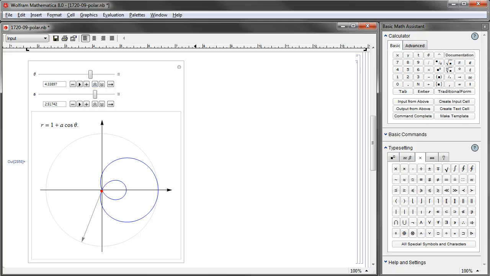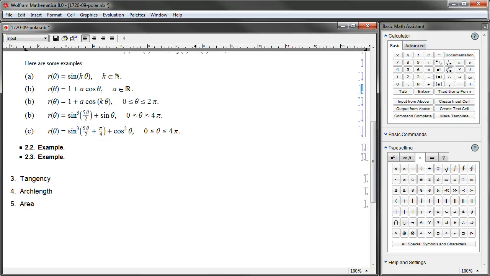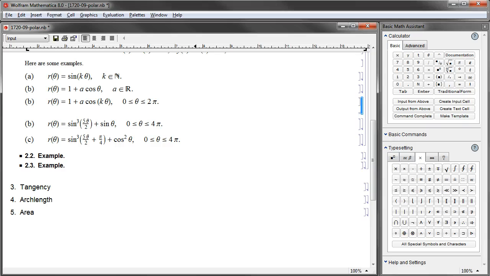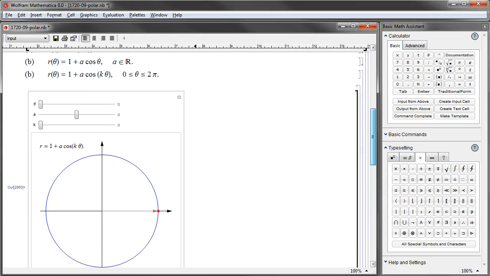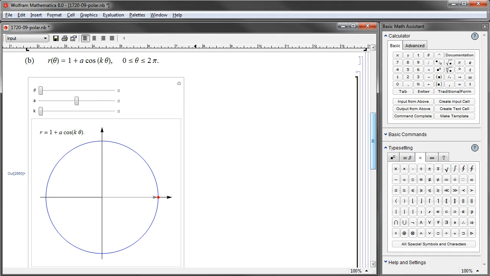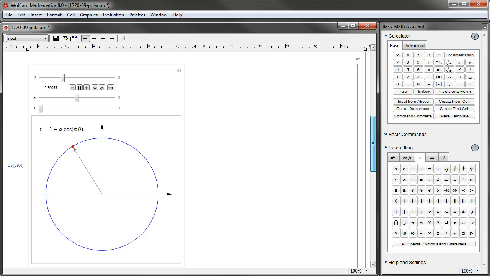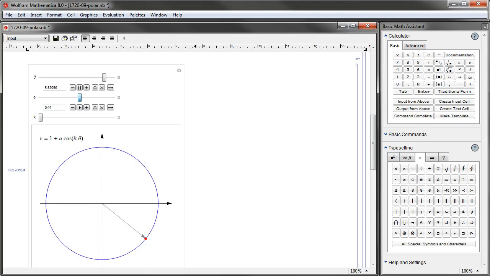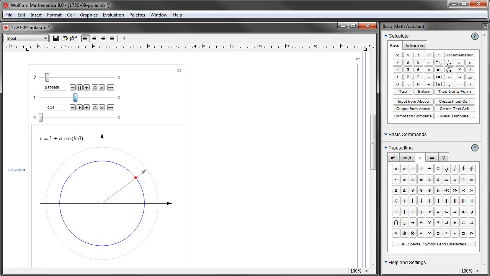Okay, that was fun. And let's move on to the final example. This one actually has two parameters. The a value, kind of like Limaçons, those are real numbers, and the k value, that's inside theta, so that's going to be an integer. So we can animate like this, and then we can adjust my a value. Changing the a value simply changes the radius of the circle.